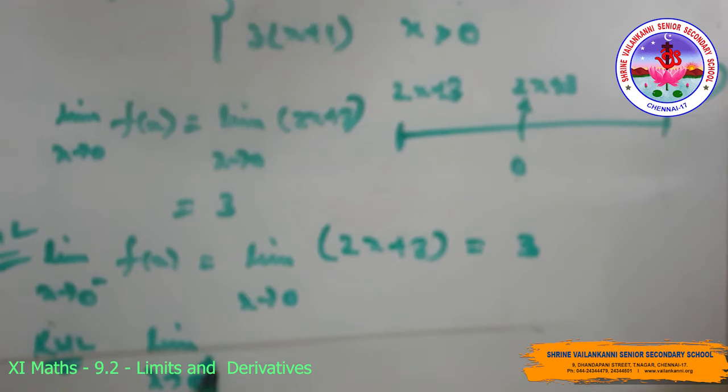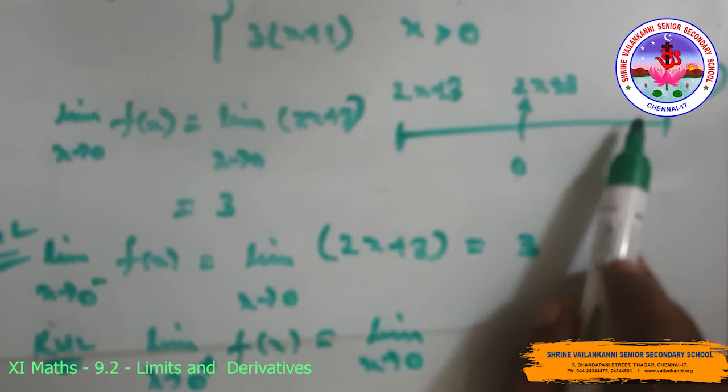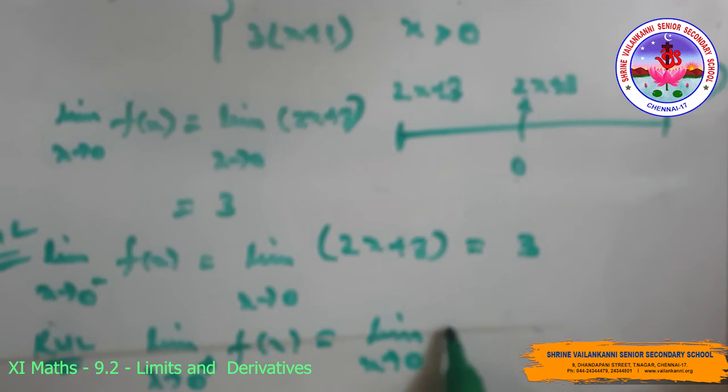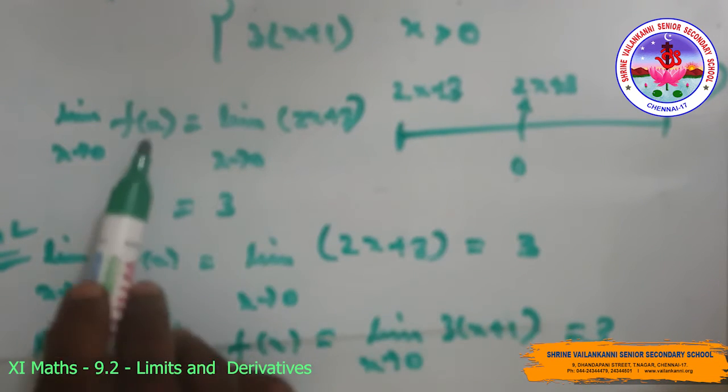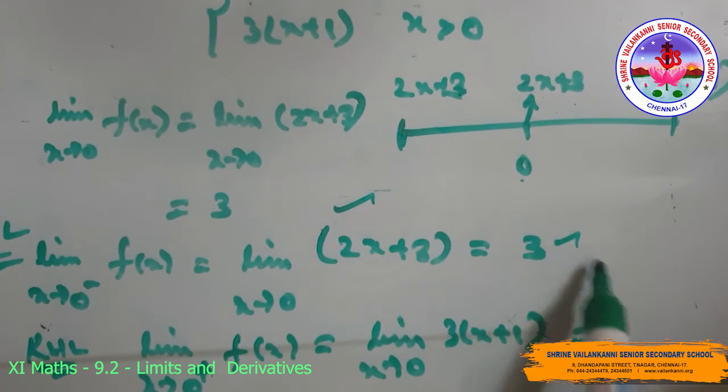So right hand limit is denoted by plus f of x, which is equal to limit x tends to 0. F of x is to the right of 0, we have the function is 3 into x plus 1. Put x equal to 0, we get 3. Here we can observe that limit f of x, left hand limit and right hand limit, all the values are 3. So limit exists.